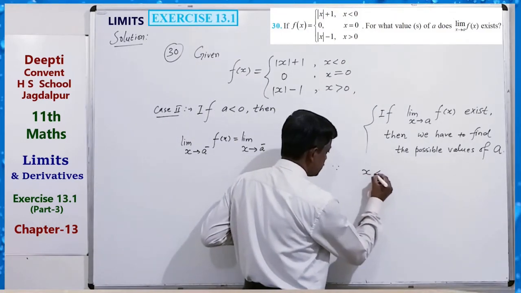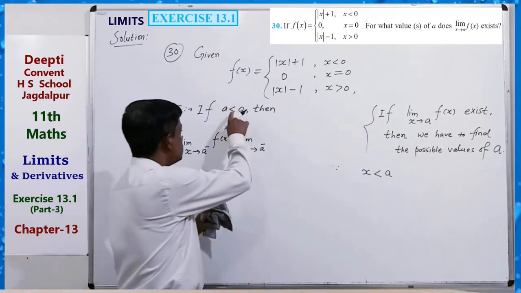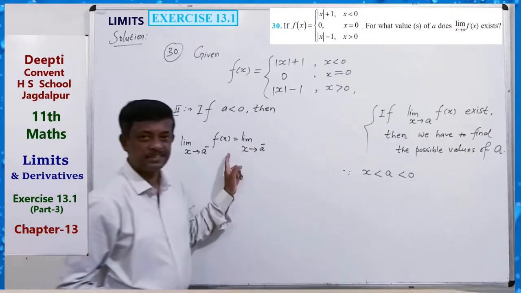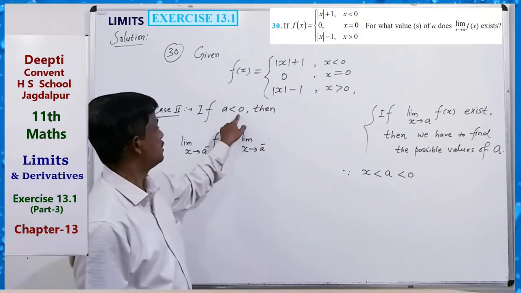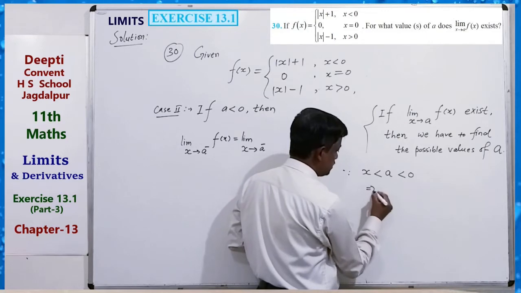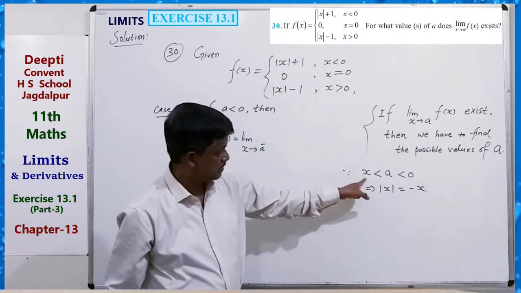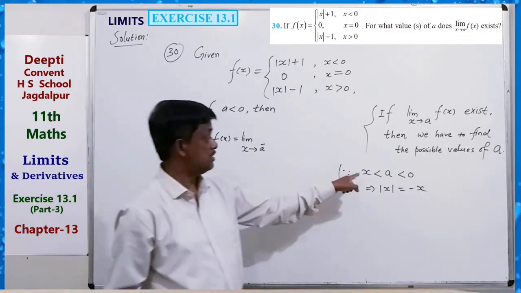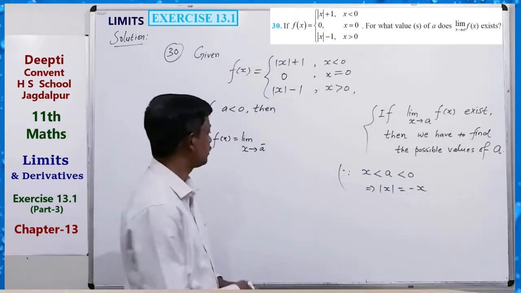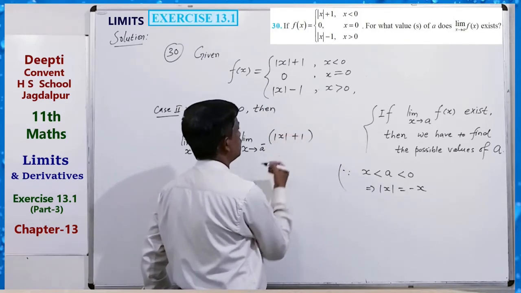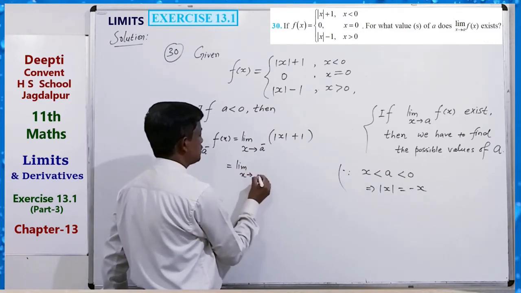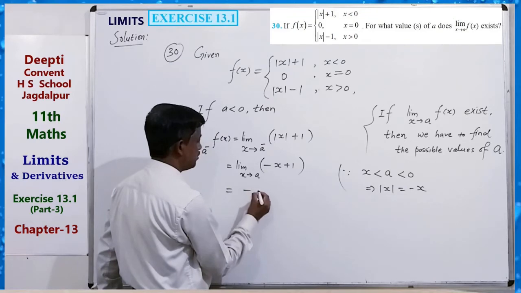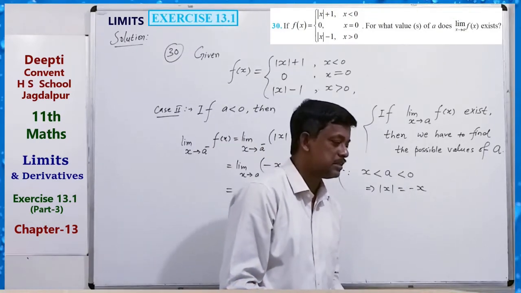Since x is less than a and a is less than 0, x is less than 0, which implies mod x equals minus x. So mod x plus 1 becomes minus x plus 1, and the limit as x tends to a gives minus a plus 1. Clear?